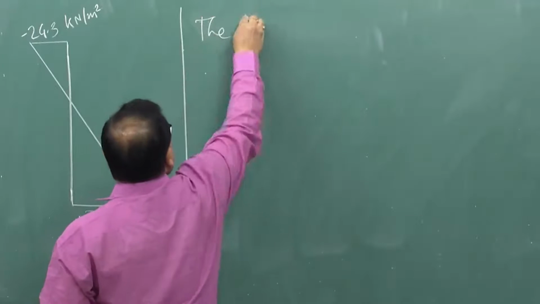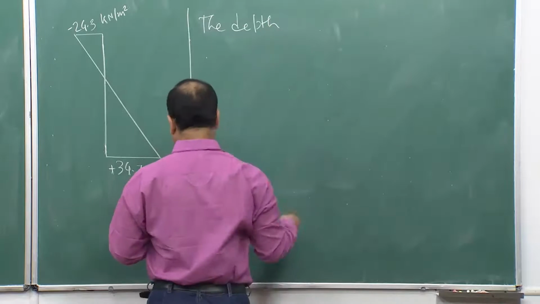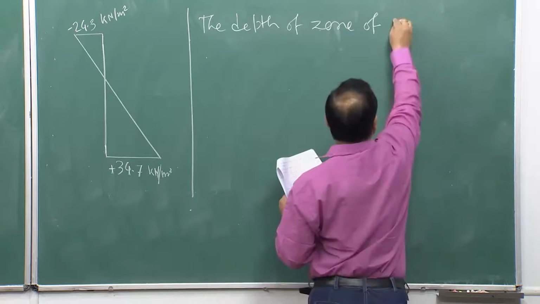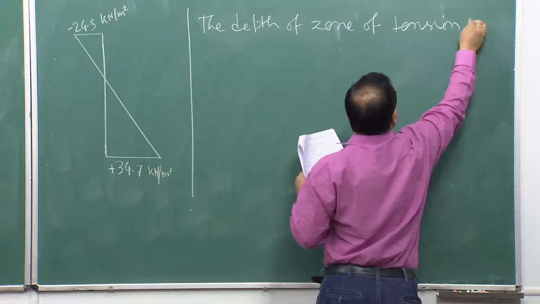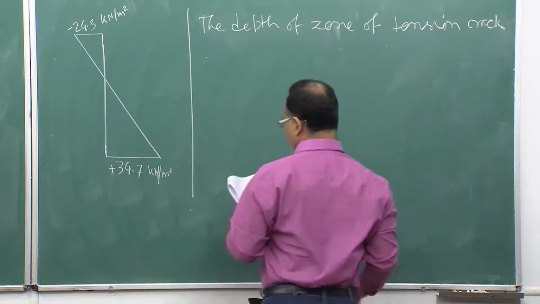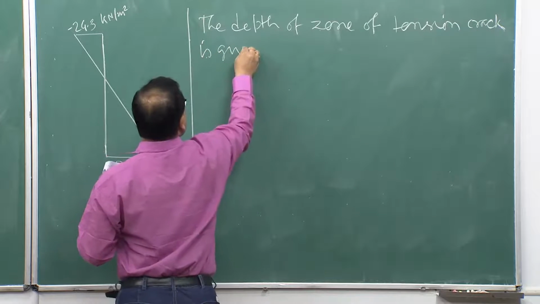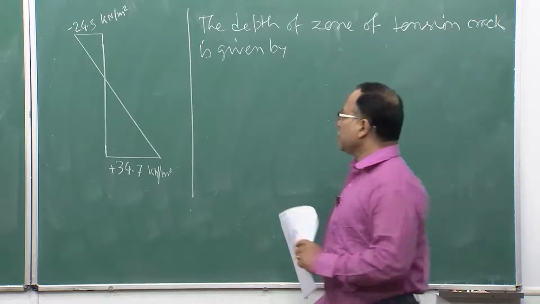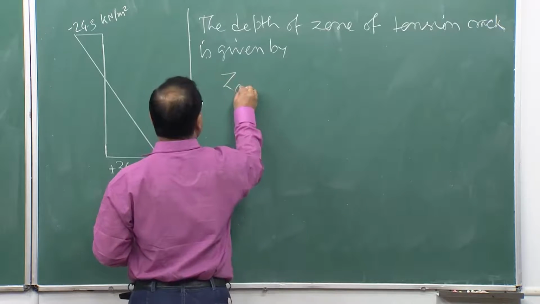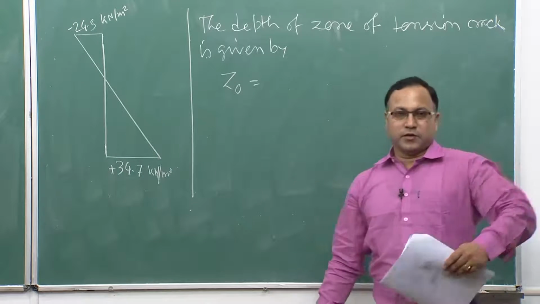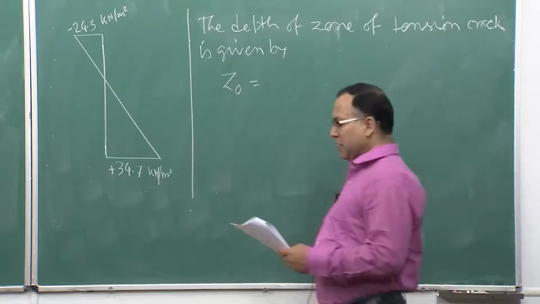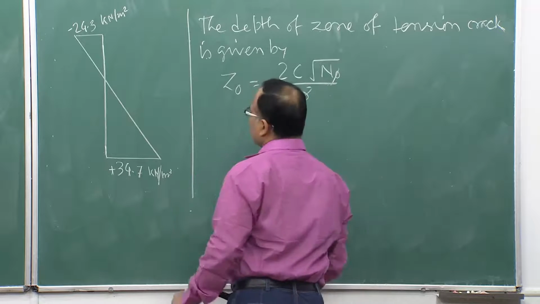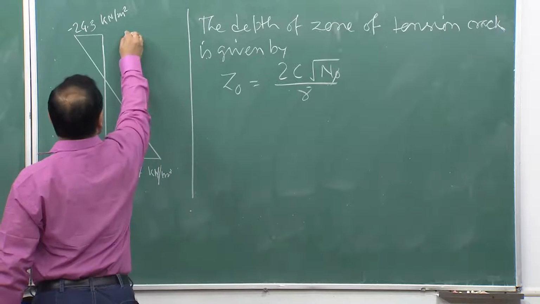The depth of the zone of tension crack is given by, so we are not going for graphically, we are just calculating. Z naught is how much? Do you remember? Z naught is 2C root over n phi by gamma. Z naught is this depth.